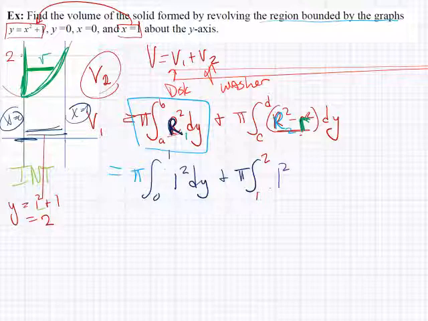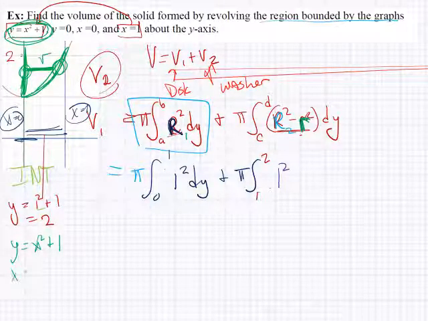So in that case, if I did top minus bottom in terms of y, I'd have to flip this curve around. So I have to take this curve, y equals x squared plus 1, and write that as x equals. Well, that's easy. It's going to be the square root of y minus 1. Subtract a 1, take the square root.